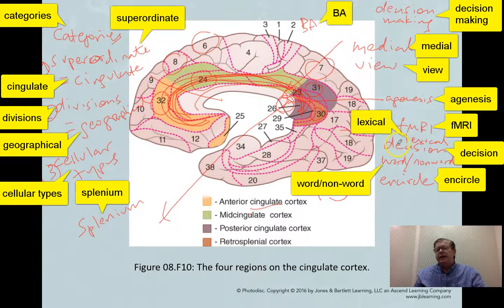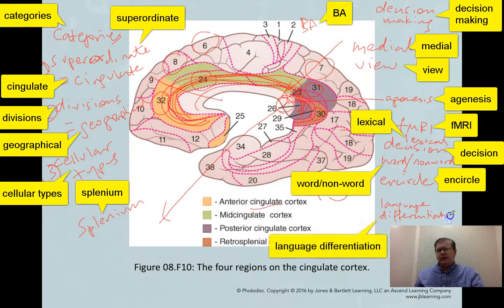There is in fact some evidence that lexical decision for Chinese and lexical decision for English in bilingual speakers is very, very similar. We find that the cingulate cortex, for example, is active for both languages during lexical decision, which suggests that there is not much language differentiation in terms of cingulate itself, the decision-making process.